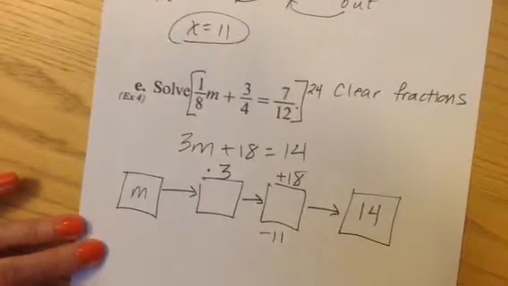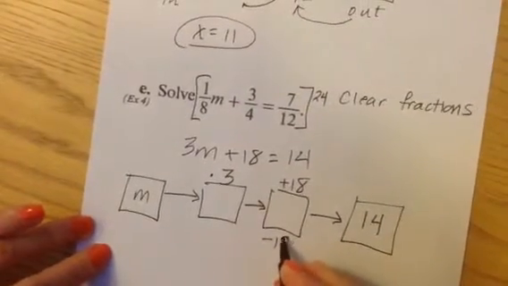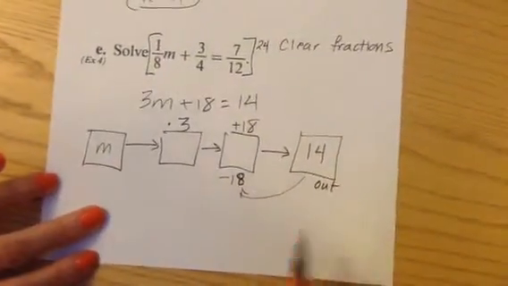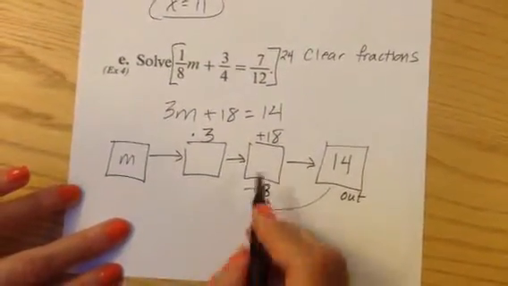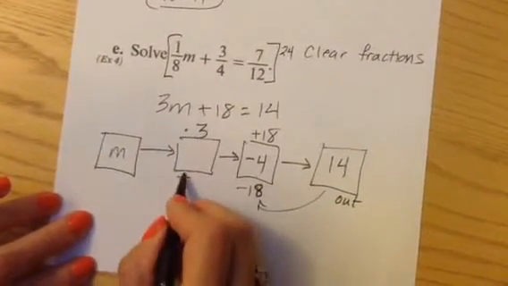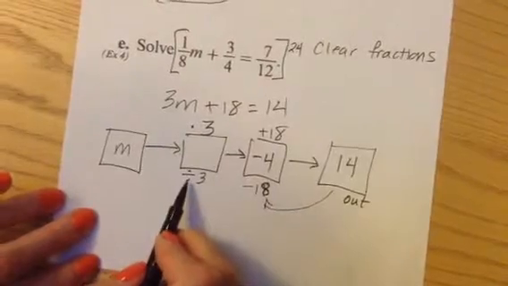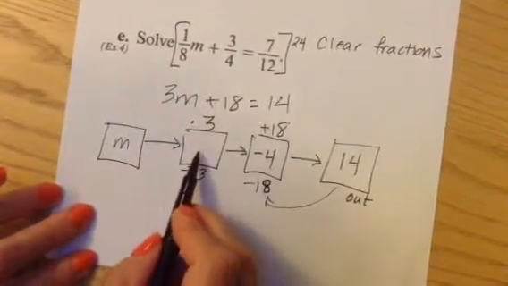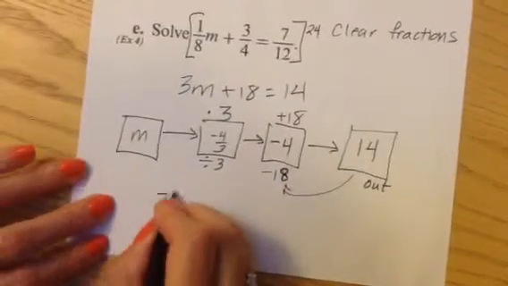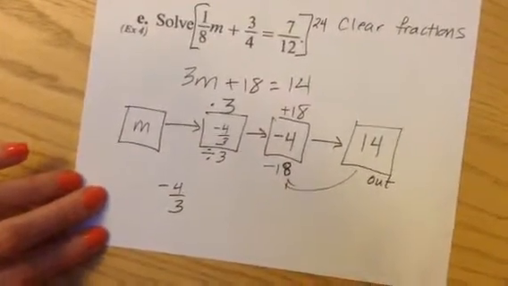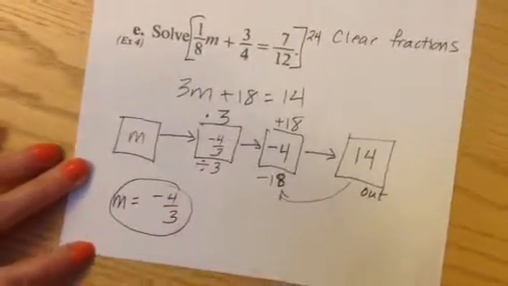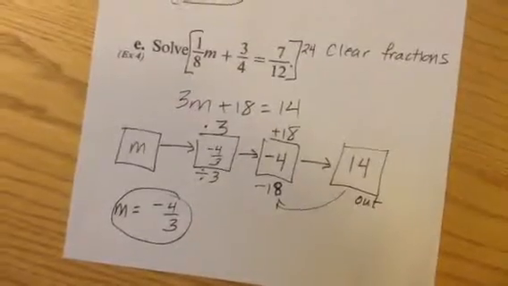So we're going to undo these operations by taking my output, subtracting 18 to get negative 4. Now I'm going to take that and undo this multiply by 3. So negative 4 divided by 3 is negative 4/3, because the fraction bar means divide. And that's good enough. We don't have to turn that into a decimal. That's a perfect answer. We'll leave it as m equals negative 4/3.